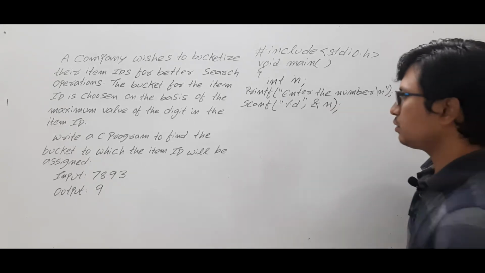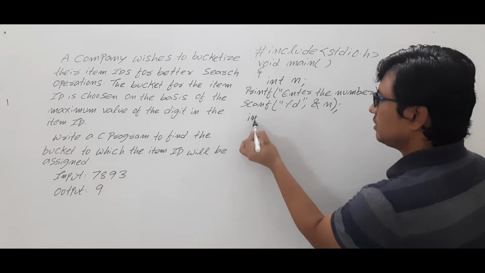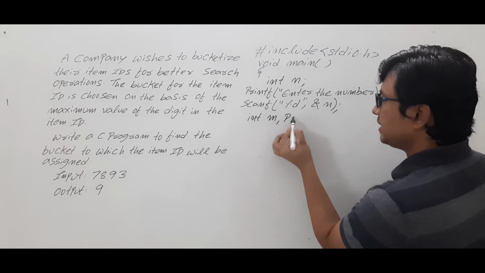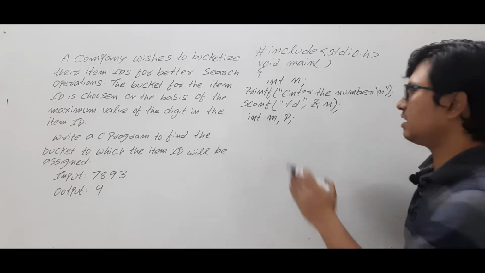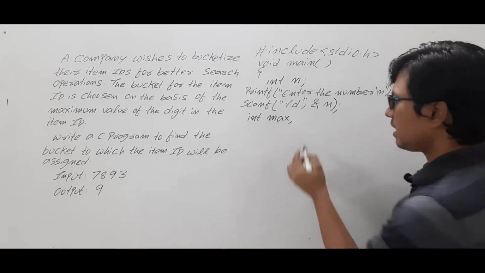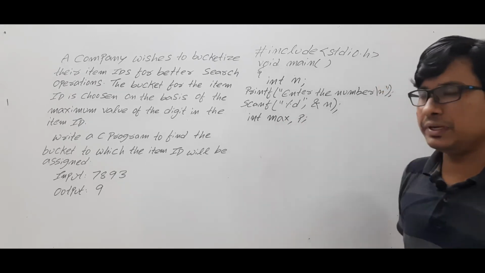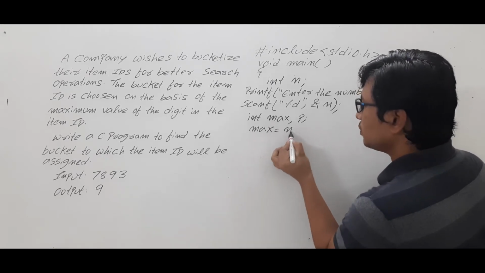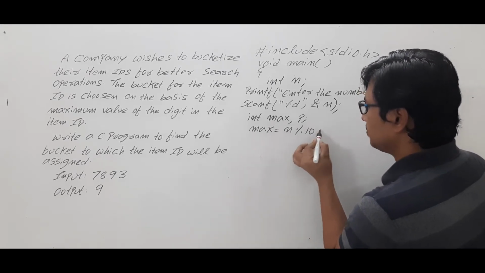Now I will declare two variables, max and another temporary variable p. So first I will do max is equal to n modulus 10.